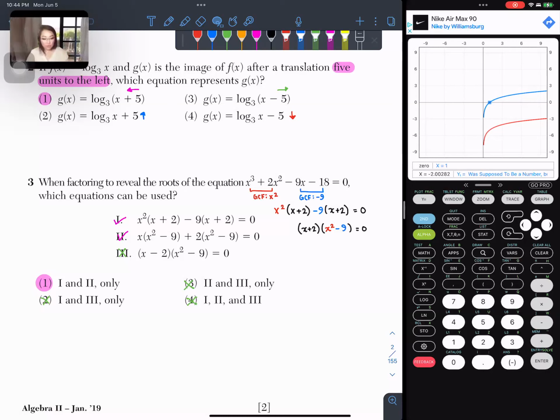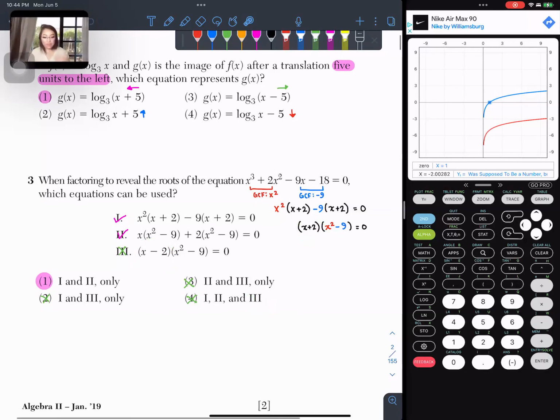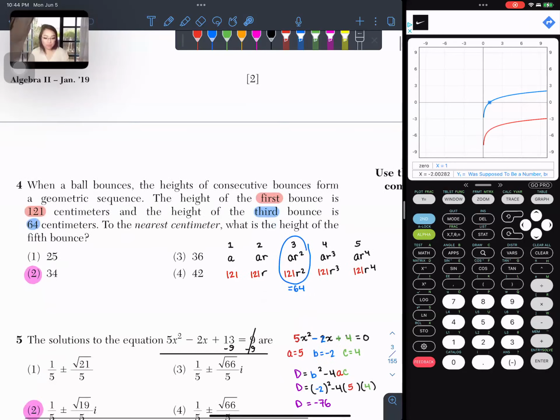So 1 and 2 are good, which eliminates all choices except for 4. And 3 is wrong because it has an x minus 2 instead of an x plus 2. Once you know that 3 is wrong, then all of them are wrong, so that's why you'll see the marks there.